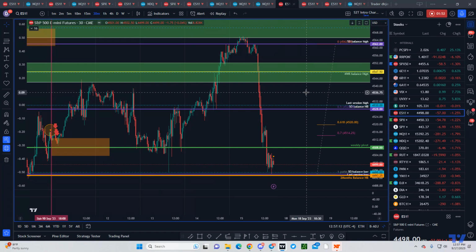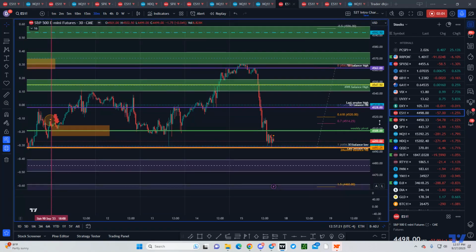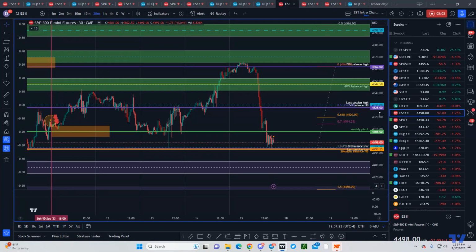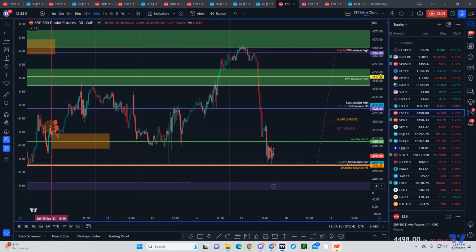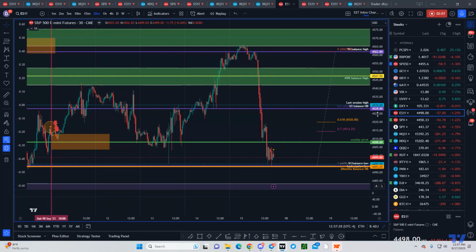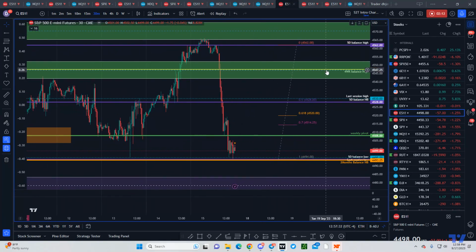Now, we need to determine in what condition we are on a weekly time frame. On the weekly time frame, we are one time framing up. But I have here the previous 4 week balance, which is right here.